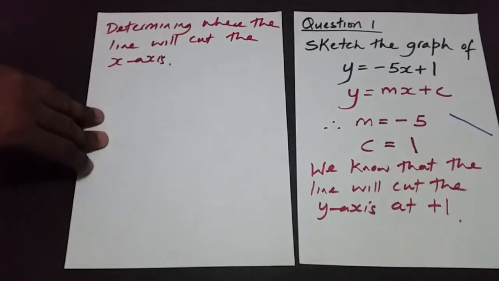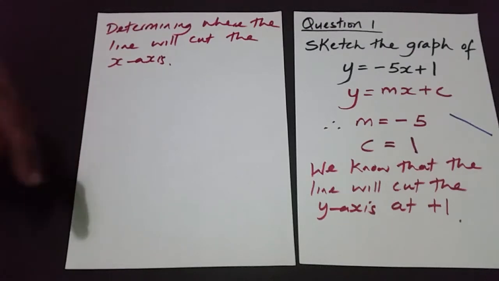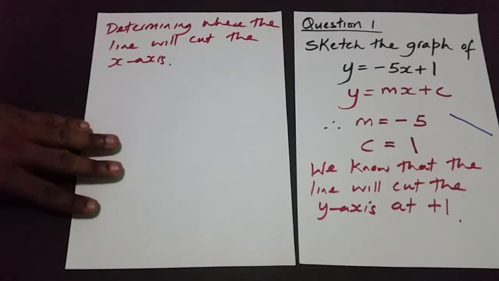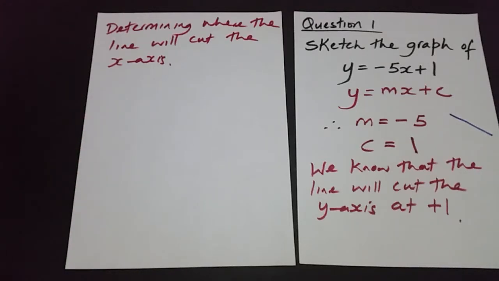Okay, so in order for us to determine where the line is going to cut the x-axis, we know that whenever the line touches the x-axis, the value of y is 0. Similarly, if the line touches the y-axis, the value of x is 0. So whichever axis is intersected, the other variable is going to be 0 at that point, and we proved that in the previous class.